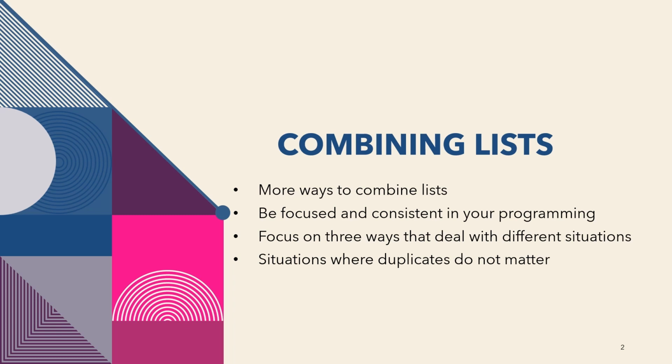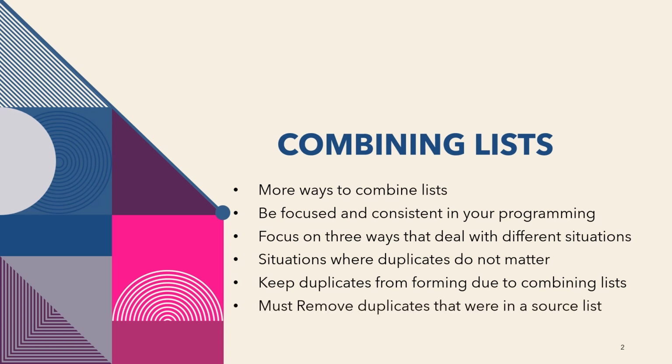Another situation is when the duplicates between the different lists should not occur, but you don't really care if there were already duplicates inside one of the individual lists. And then there's another situation where you want to remove the duplicates in the source list. You want to completely remove all of the duplicates in the result.